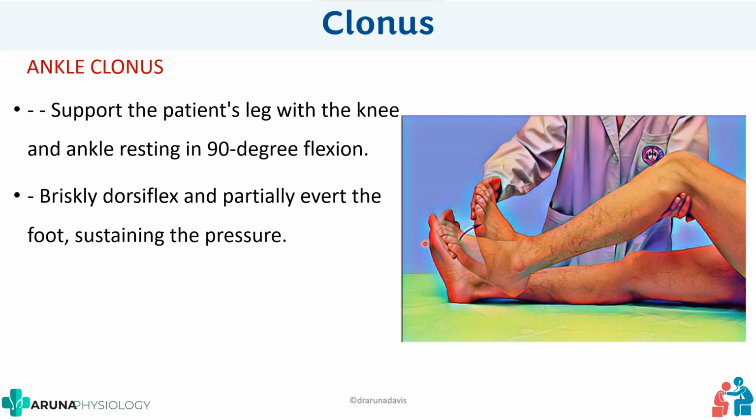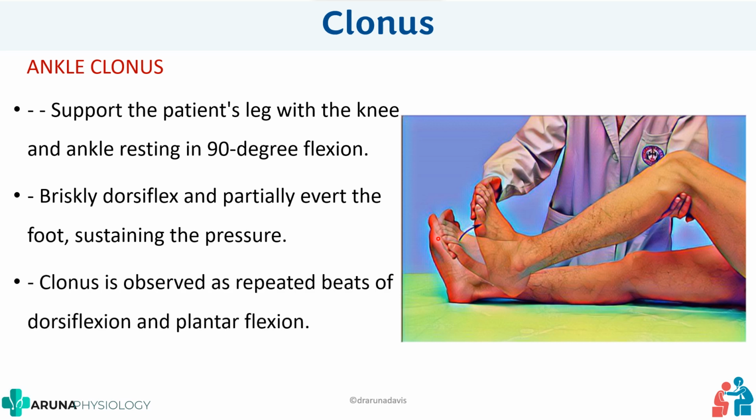So you're going to suddenly dorsiflex the ankle and then keep it like that. If there is clonus, there will be repeated beats of the ankle in dorsiflexion and plantar flexion. So the ankle joint will be moving up and down like this if there is clonus. Your examination will be complete only if you check for clonus also.